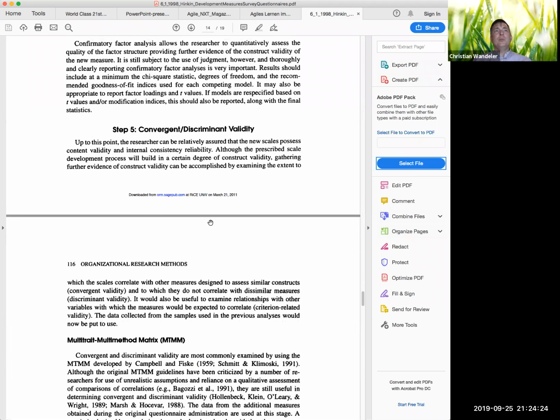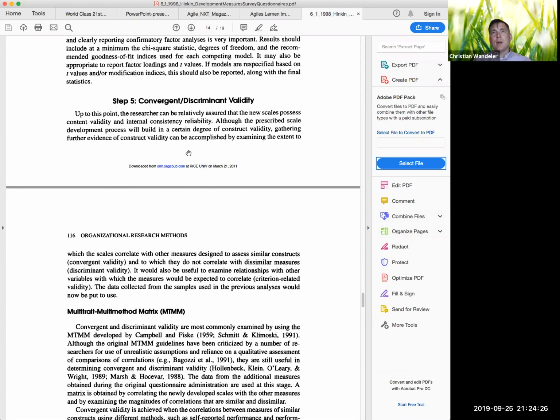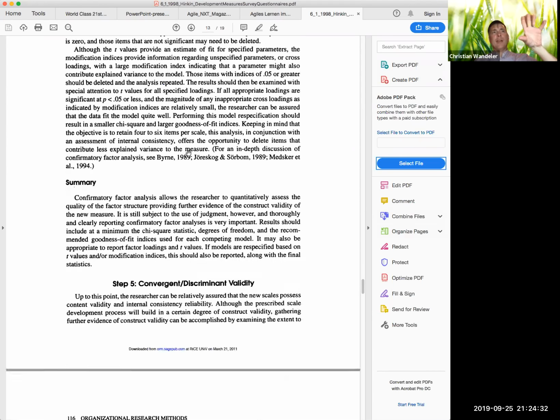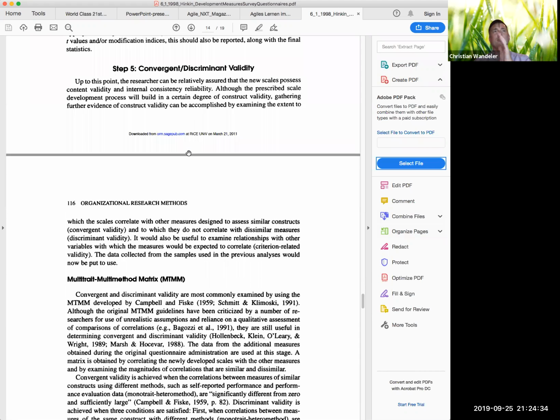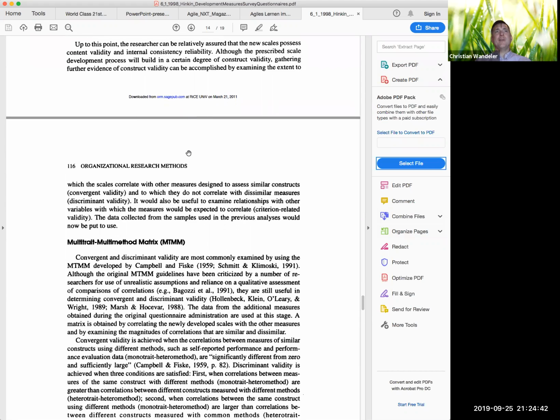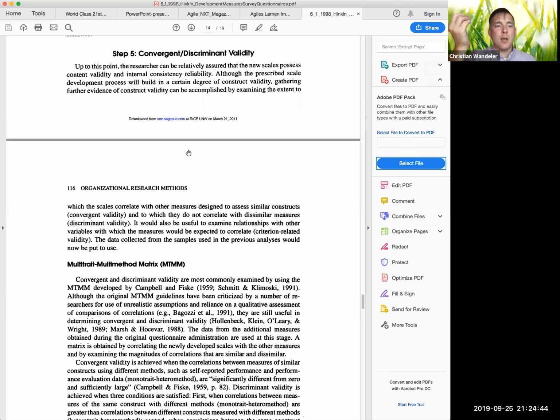And then what we do is the validity, right? Here we talk about the structure of our survey. The next piece is, do we have convergent or discriminant validity, right? So basically, if you have an existing survey that measures authoritative leadership, that survey should correlate. If a person fills out your new survey and that existing survey, the factors of authoritative leadership should correlate highly with each other, right?